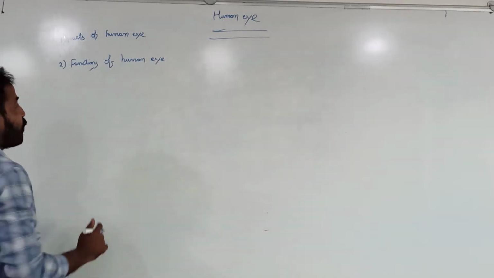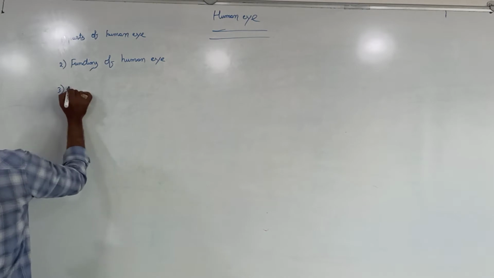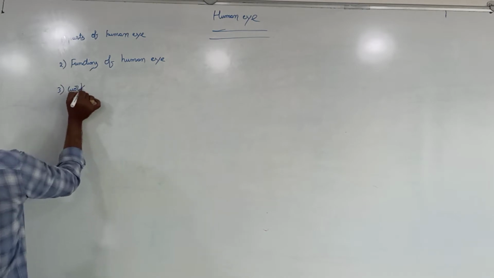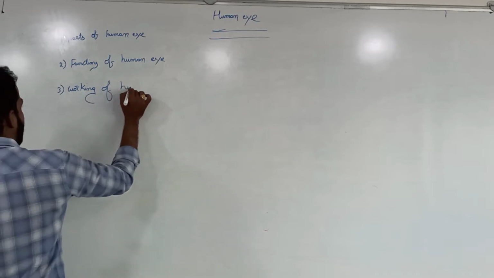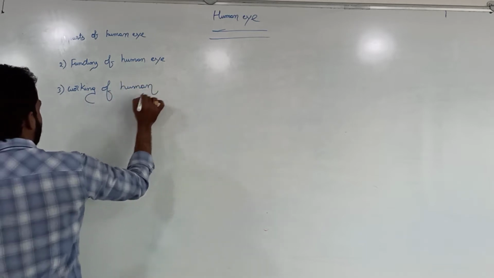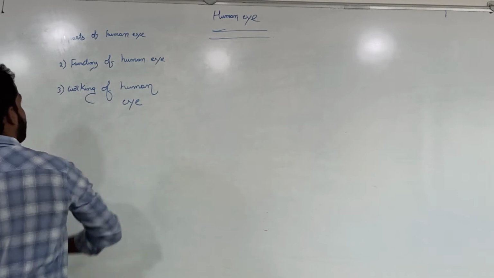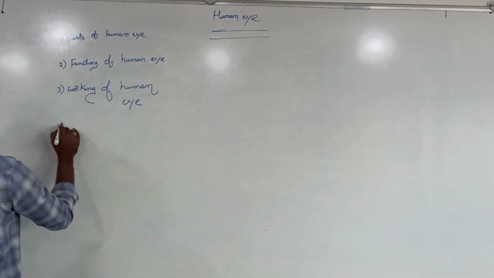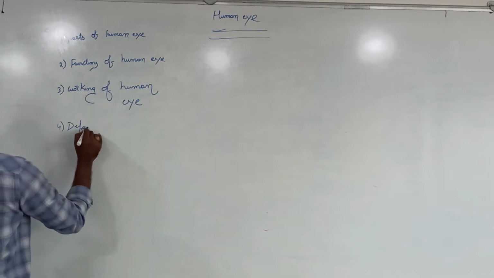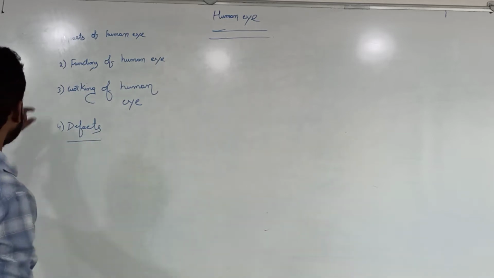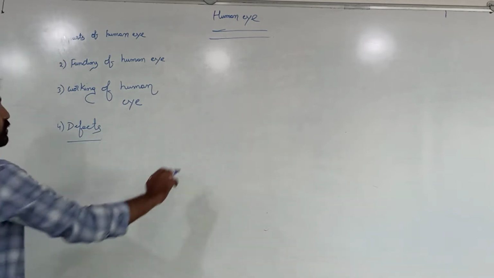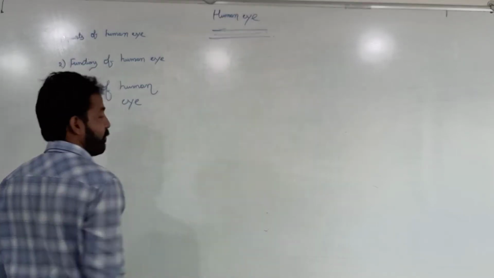The third thing I want to discuss is the working of the human eye. After this, I am going with the different defects in the human eye, and all these things make up the chapter Human Eye.